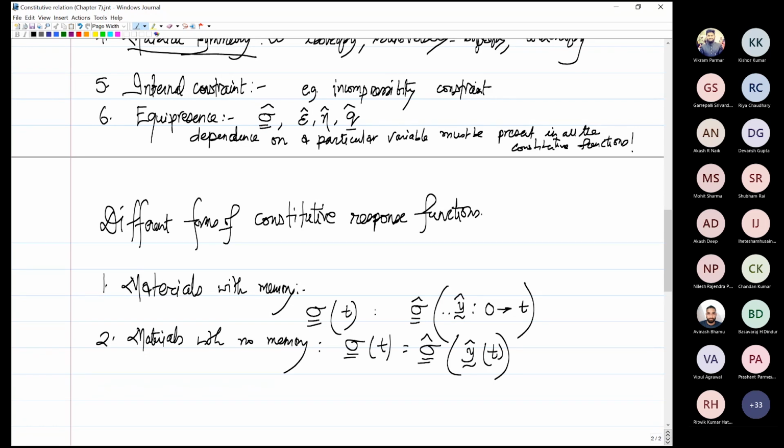It does not depend on how the deformation was in the previous time. And then, in the memory also there are two cases. One is short-term memory and then you have long-term memory. So you can guess what's the meaning of them, right? Short-term memory means it only depends on the history, but up to a very small time. Whereas long-term means it depends on a very large history.